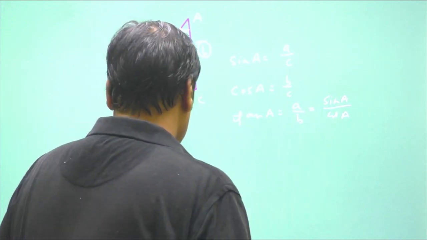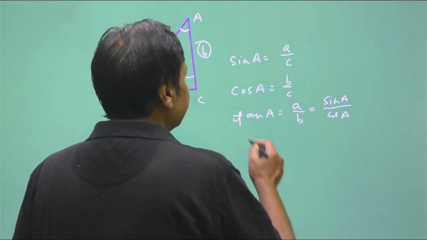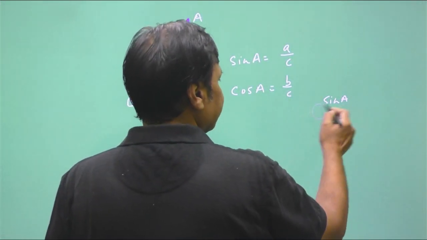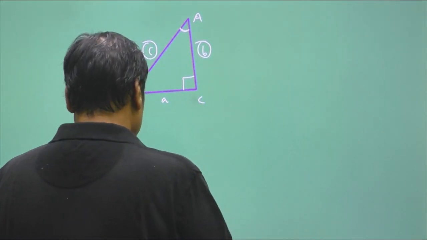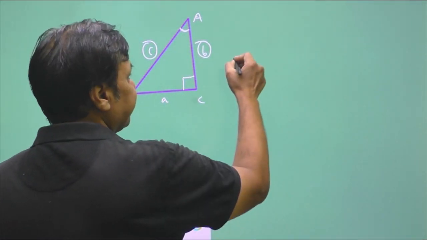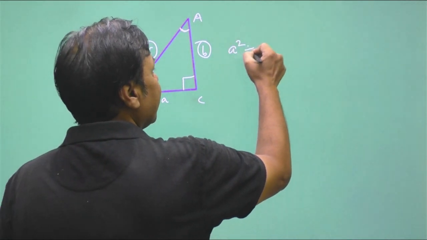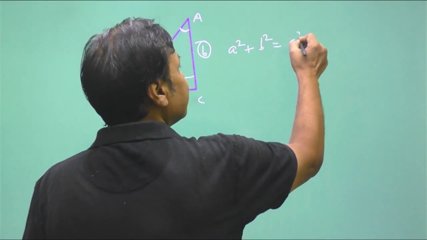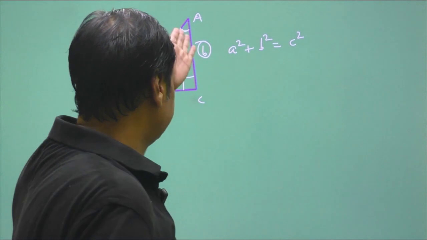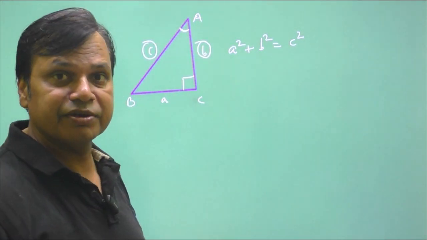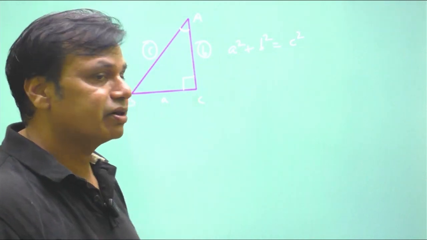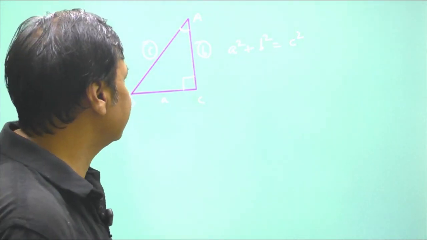In this case, base and perpendicular are most obvious. They are a and b, so you can write here simply for this triangle, a square plus b square is equal to c square. If you take this angle A, then a will be the perpendicular, b is the base, and c is the hypotenuse. So you can write here a square plus b square equals c square.